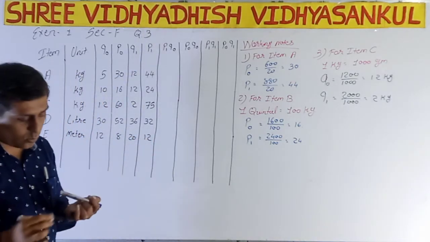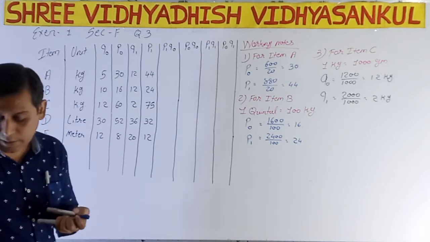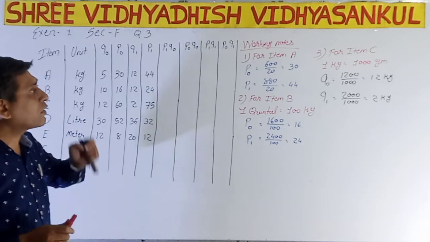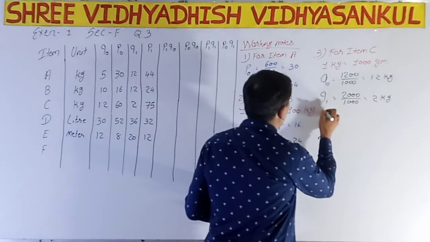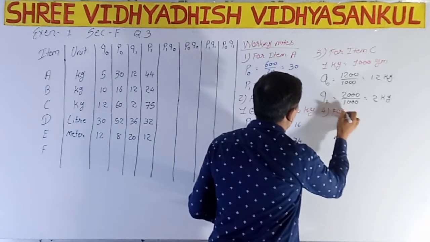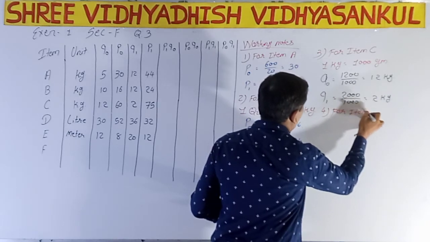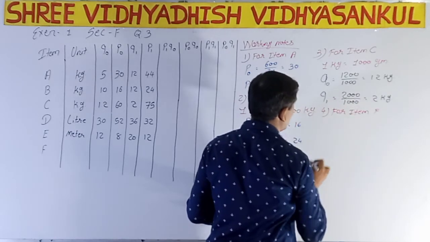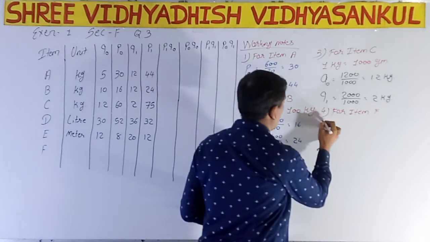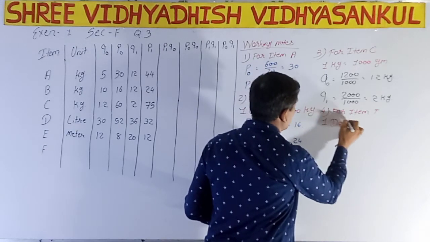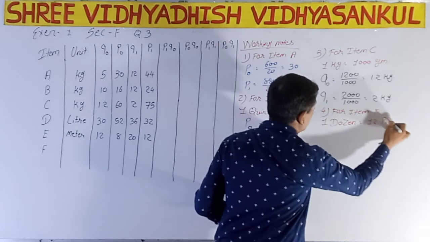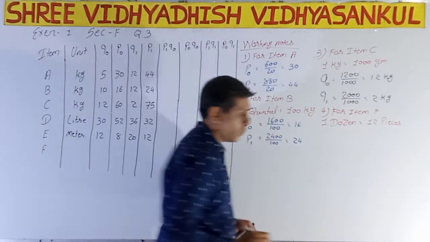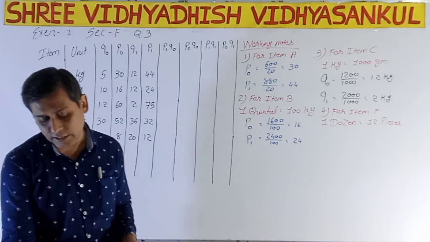And now see item F, we have a working note for item F also. What is the working note? See, first of all, 1 dozen is equal to 12 pieces, right?